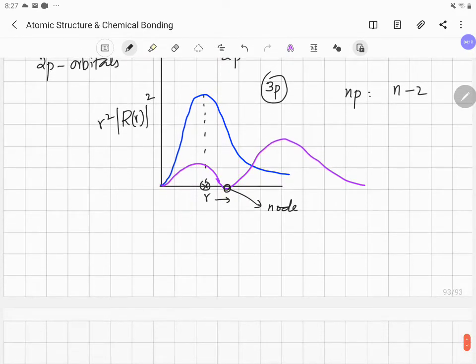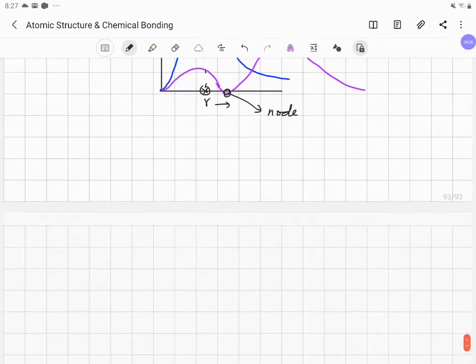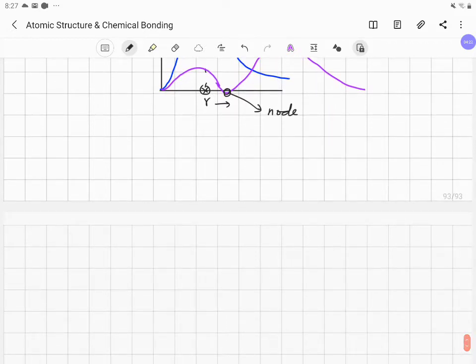Now you can guess the radial probability density for d orbitals. We know that d orbitals start with n equal to 3, where l is equal to 2. This is 3d. For 3d, there are no nodes, but the most probable distance is higher than for 1s and 2s as well as 2p.